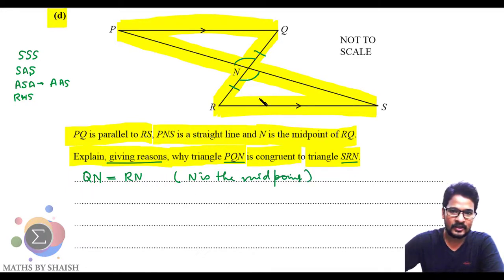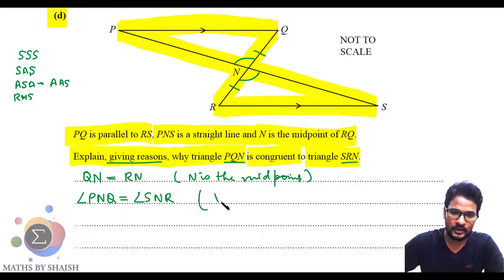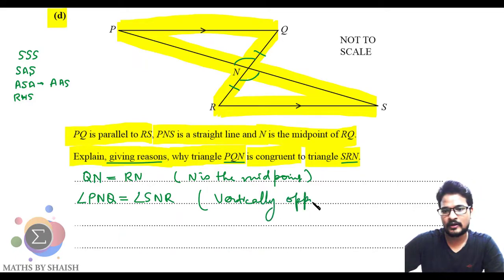Next is angle N, but angle N alone will not make any sense, so I should use angle PNQ is the same as angle SNR. They are equal. Why? Vertically opposite angles, and they are equal.